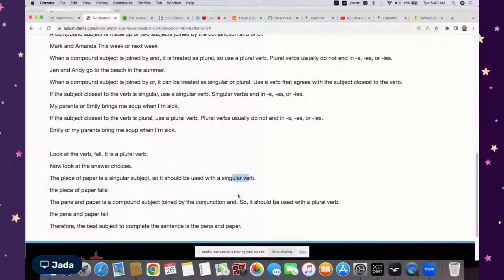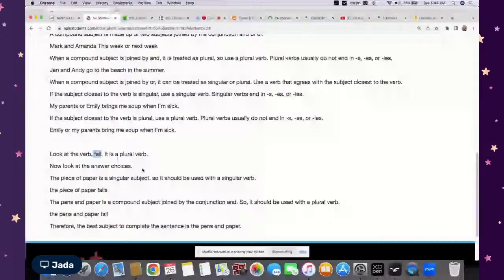If you were saying the piece of paper was the answer, it's wrong because "fall" doesn't have S or ES. Remember that I always say that the singular subject goes with a singular verb, and a singular verb has what? ES, IES, or S. Okay?